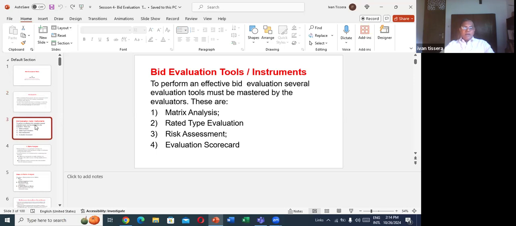Basically, we are going to discuss 4 tools to perform an effective bid evaluation. Several evaluation tools must be mastered by the evaluators. These are matrix analysis, rated type evaluation, that is introduced by the World Bank, risk assessment, and evaluation scorecard.